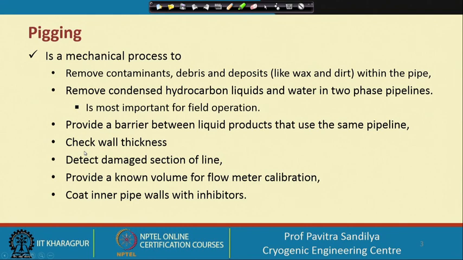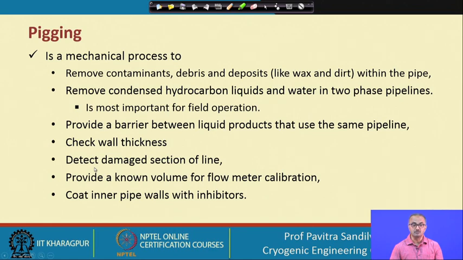Then if there is any deposition on the wall of the container, and if the deposition becomes too much, then there will be more resistance to the flow of the fluids. So in that case, to check the thickness of the various types of deposits, these pigs are used.